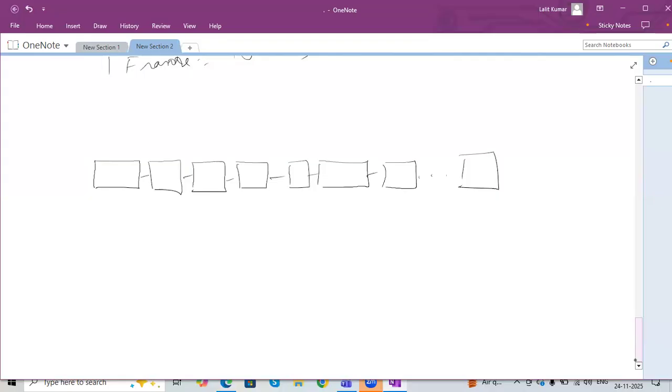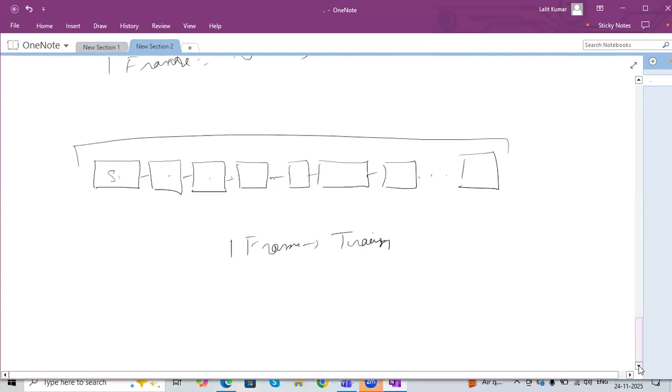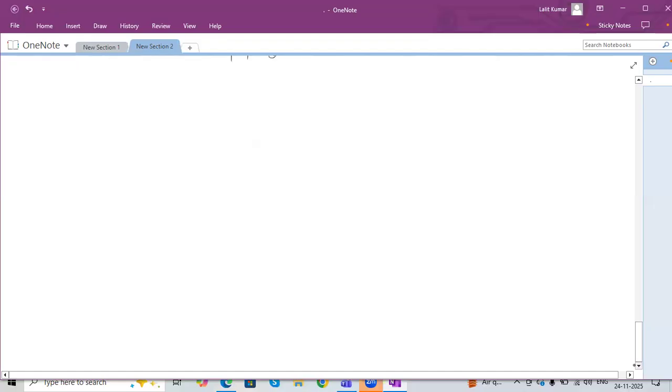Same way, when 10 subframes are there, we call it one frame. So think of a frame like a train where many subframes are there. One millisecond, 10 subframes, one train.